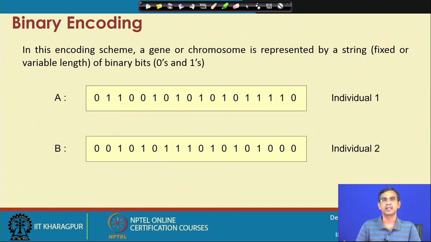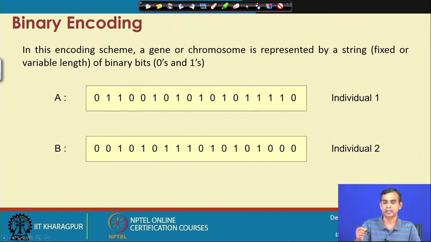On the other hand, if it is a variable length chromosome, then it is called the MESSGA. Now, first let us see what is the length of the chromosome. In this example, the number of zeros and ones altogether is 18. So, the length of the chromosome is 18.